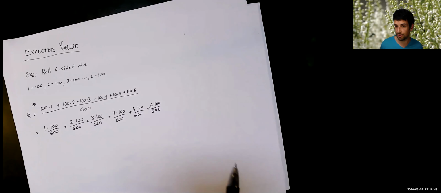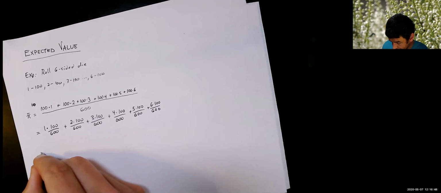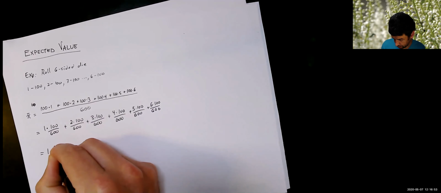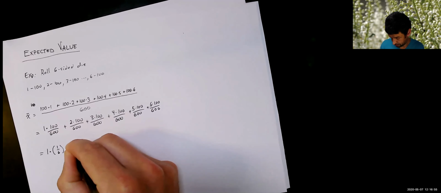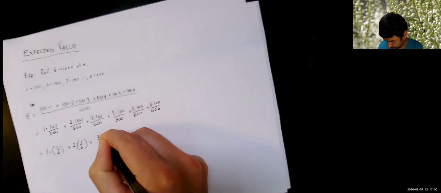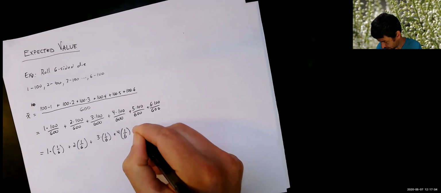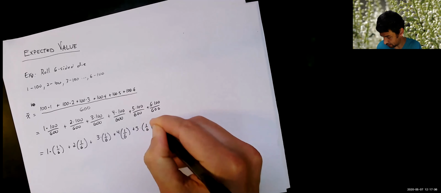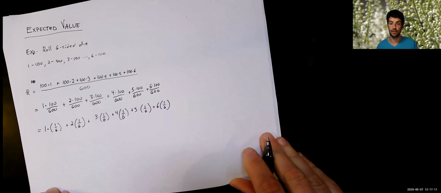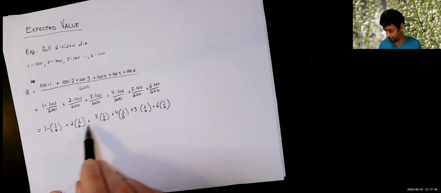Again, I'm not doing this because it's easiest to compute this way, but I want to show us something. And then I can write each of these fractions in the following way: 1 times 1/6, plus 2 times 1/6, plus 3 times 1/6, plus 4 times 1/6, plus 5 times 1/6, plus 6 times 1/6. So again, I could have computed it on the first line, but here's something I want us to hold on to.